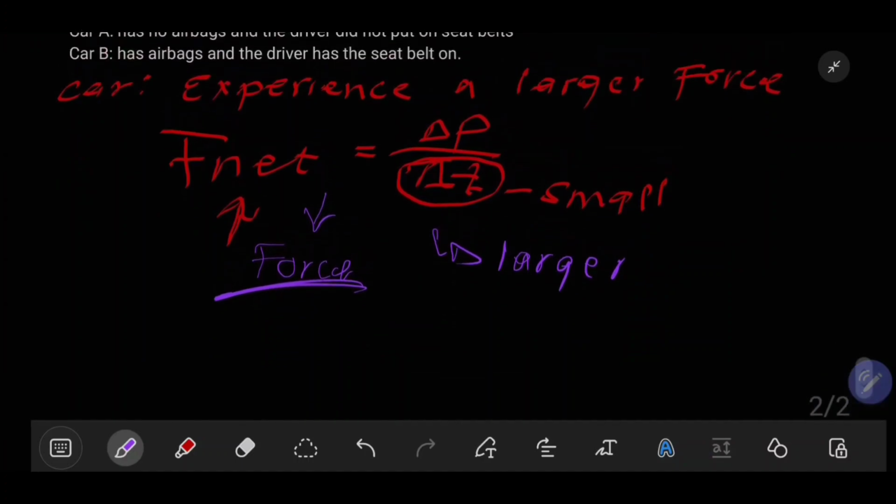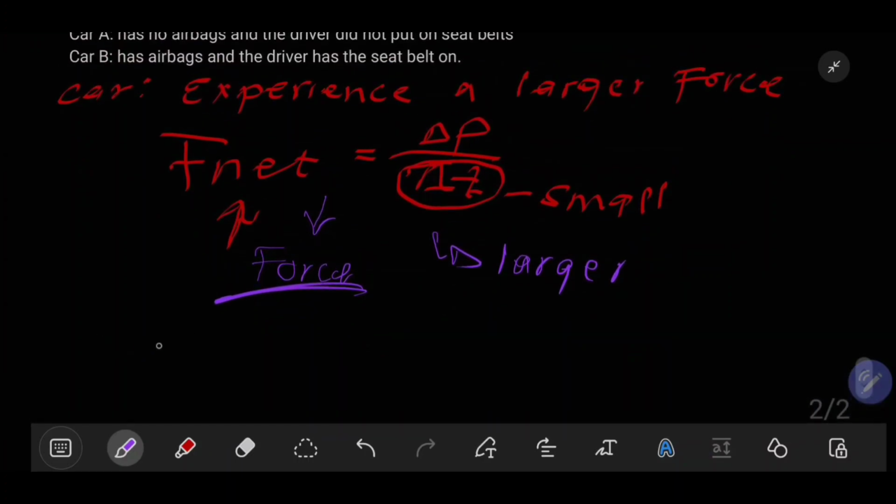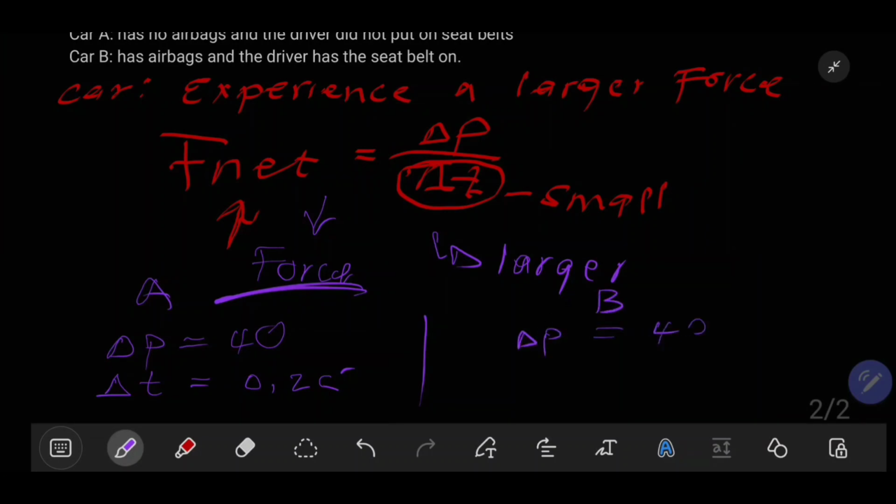So let's suppose we are having our change in momentum to be 40. And then we have our change in t for car A to be 0.2 second. And then for car B, the change in P is the same, it's 40.